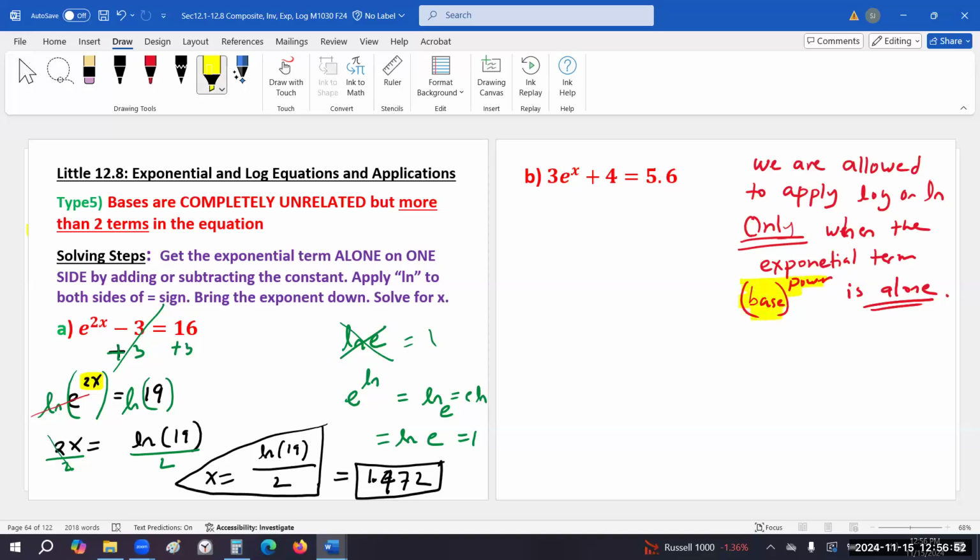This is called the exponential term, base with the power. We cannot have anything in the front. We cannot have anything on the side. It has to be alone before we apply our log machine.